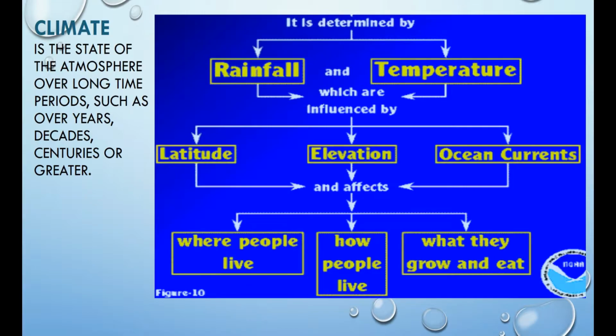So, kung sa weather kanina, it is just a short period of time. Dito naman sa climate, the state of the atmosphere over a long time period. So, nakikita natin yung difference this span of time. And climate is determined by rainfall and temperature, which are influenced by latitude, elevation, ocean currents, and affects where people live, how people live, and what they grow and eat.